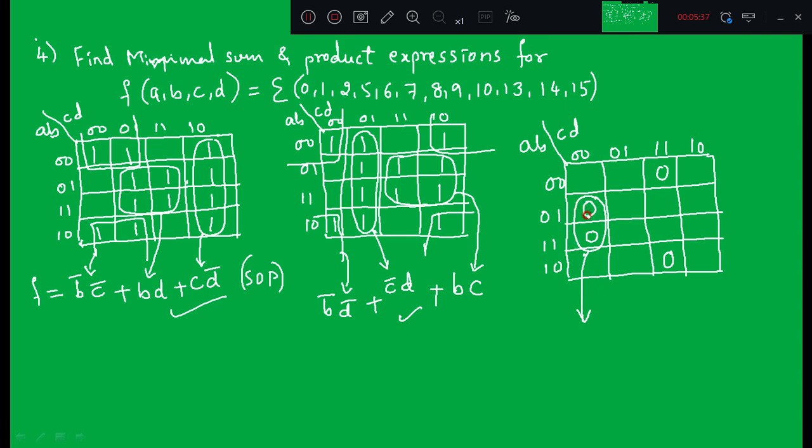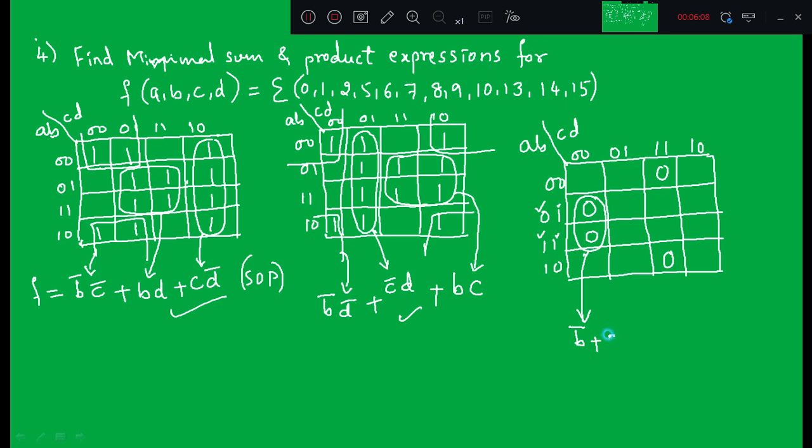So when I group these two max terms, you can observe here, A is 0, A is 1, so both are complement to each other. So A will get eliminated. But B is 1 here, B is 1, but you are grouping zeros. That means you have to write B in its complemented form, so you write B bar. Then since C and D both are 0, and you are grouping 0, you write their true form, correct.